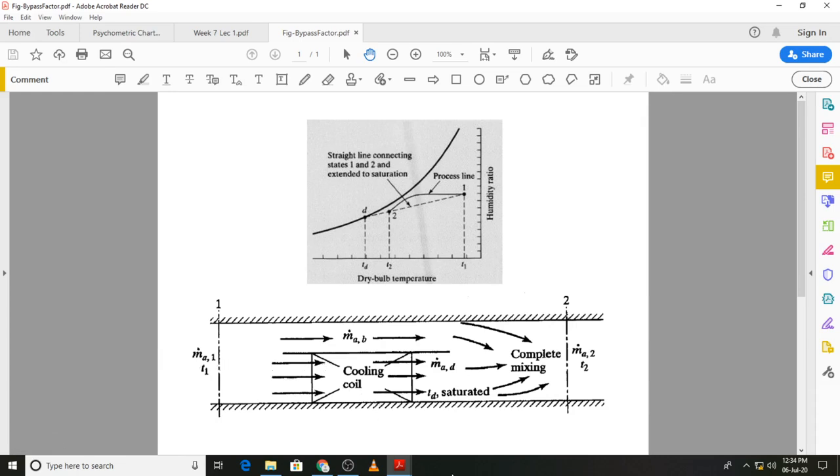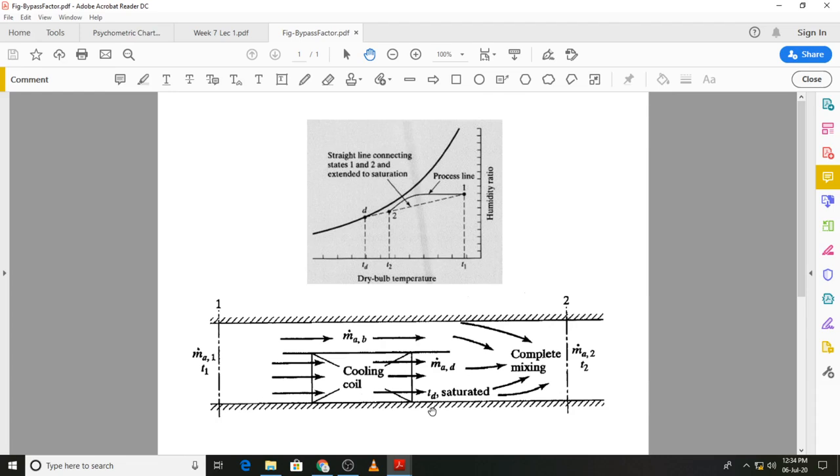As I said, the air particles are not at a uniform temperature in the airstream. Those closer to the cooling coil are at a lower temperature, those away from the cooling coil are at a higher temperature. What we can do conceptually, we can say that we can divide this non-uniform air temperature distribution into two parts, or a combination of two parts.